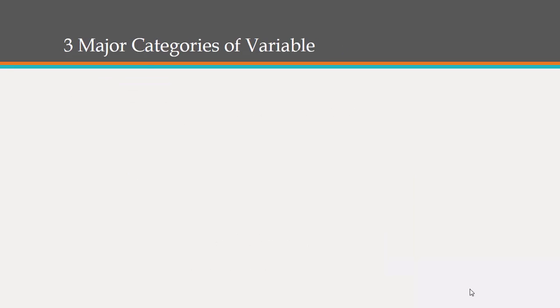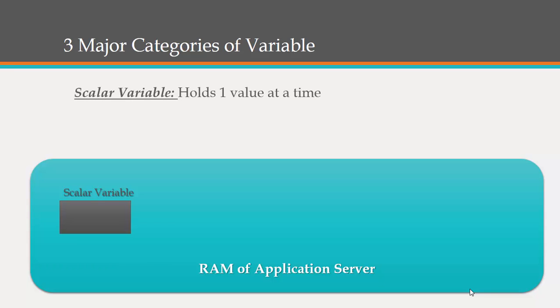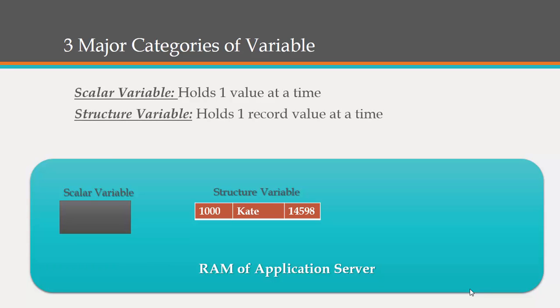So there are three major categories of variable. Let's assume this space to be the RAM of the application server, and this is our scalar variable, which holds one value at a time, and another one is a structure variable. It is a type of variable which can hold a record with many values at a time.